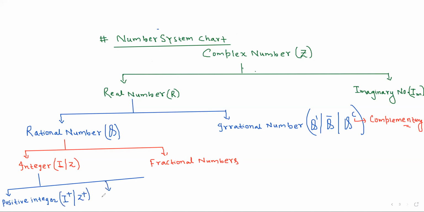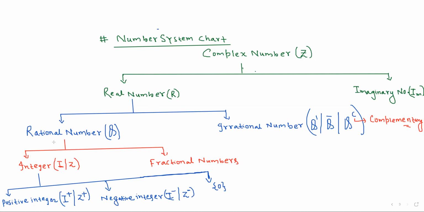Another is negative integers, I minus or Z minus. And the last one is zero.